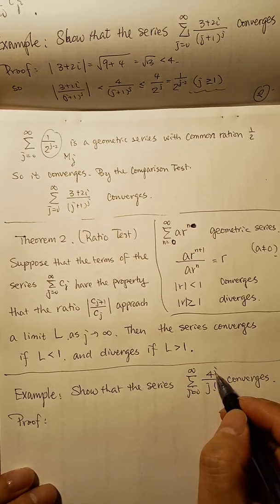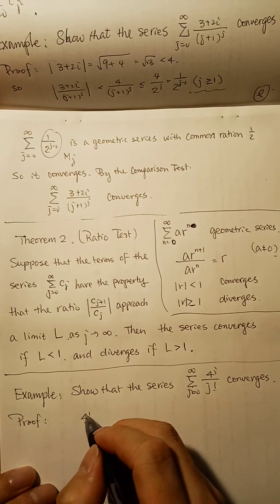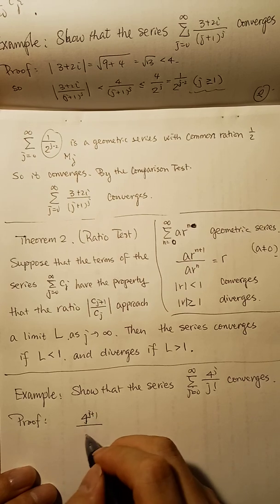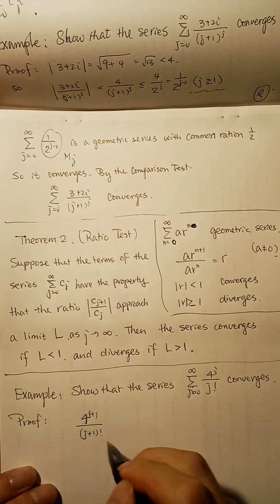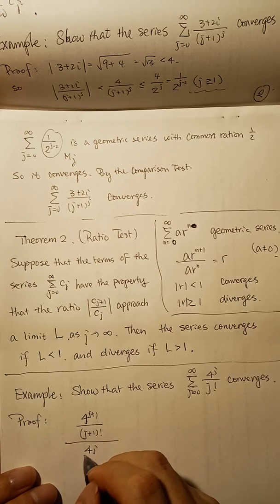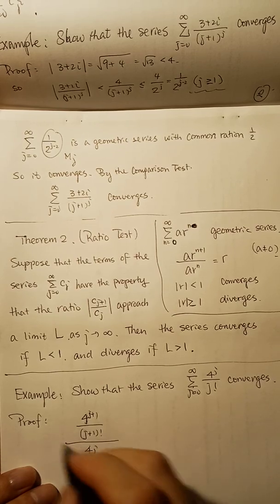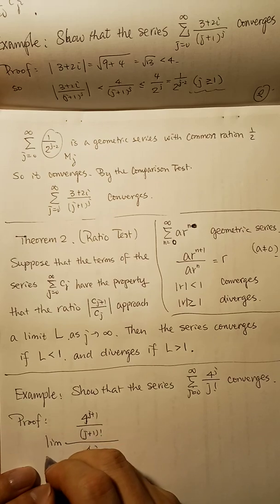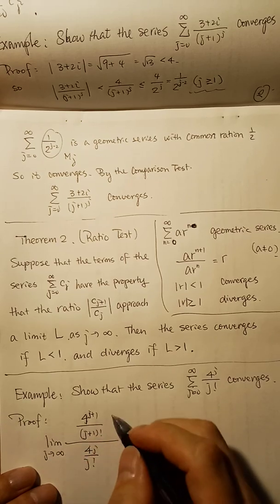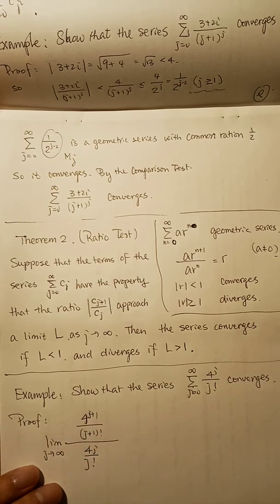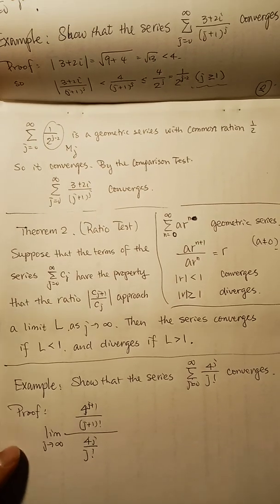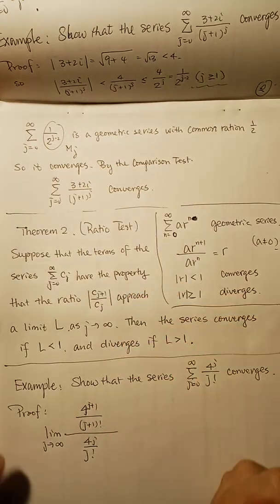So take the j plus 1's term over j's term and compute the limit as j approaches infinity. Because this is always a positive number, this is a calculus example, we don't have to put absolute value.